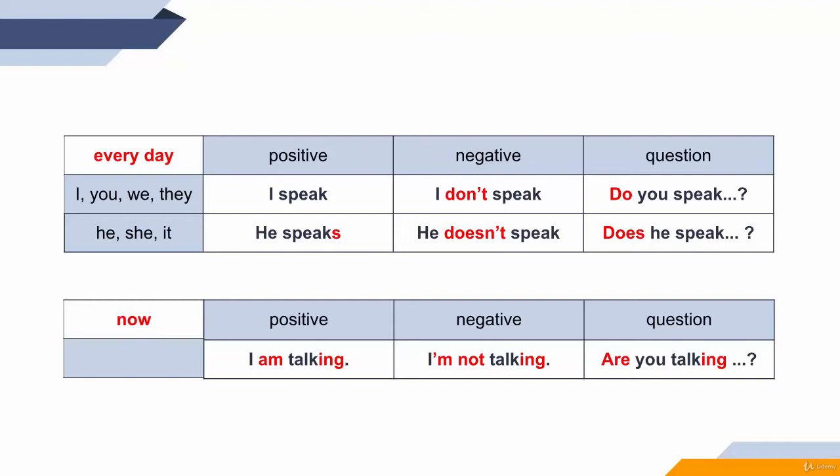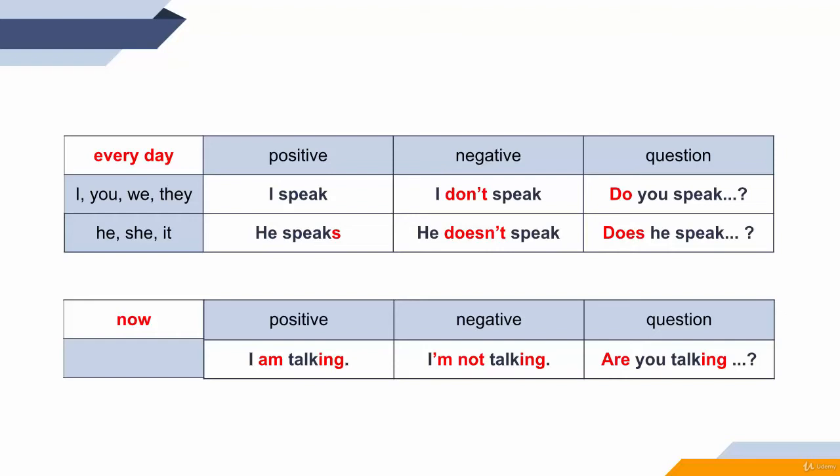Speaking about he, she, it, we always add s at the end of the verb in a positive sentence. The negative sentence is formed with doesn't and the basic form of the verb, the question with does and the basic form of the verb. With all other pronouns, I, you, we, they, we use only the basic form of the verb, form the negative with don't, and ask the question with do.